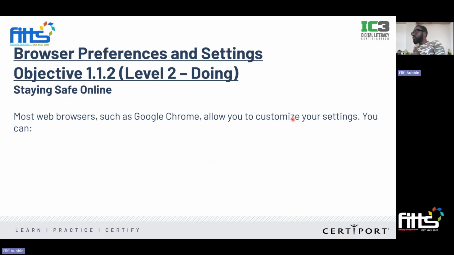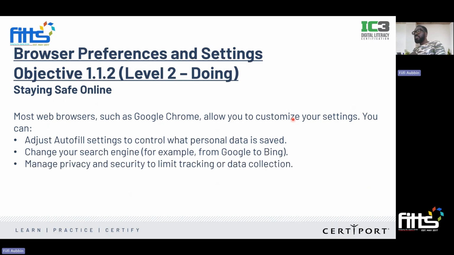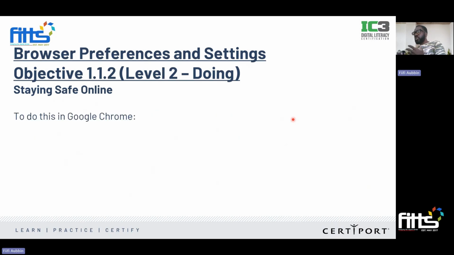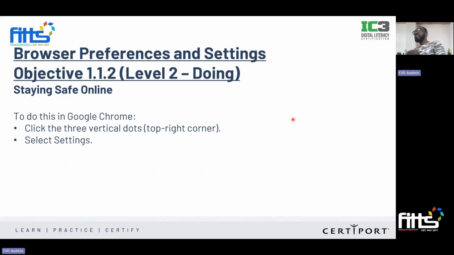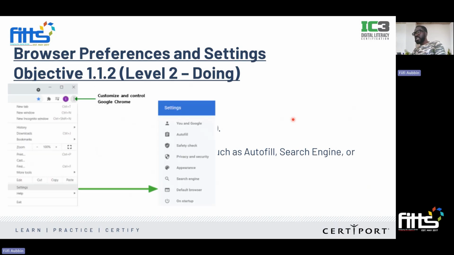Okay, so how do you stay safe online? So we're going to use Google Chrome, which will allow us to customize our settings, where you can adjust the autofill settings to control what personal data is saved, change your search engine, manage privacy and security to limit tracking or data collection. And if you want to do this, you click the 3 vertical dots at the top right corner, you select settings, and you choose the options you want to customize, such as the autofill, search engine, or privacy and security.